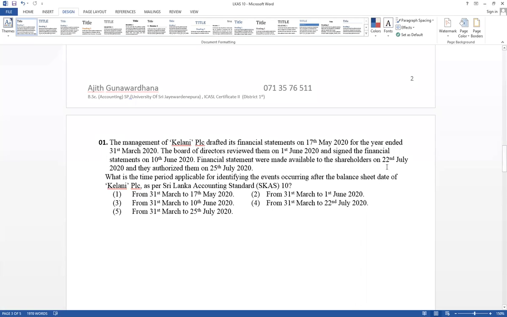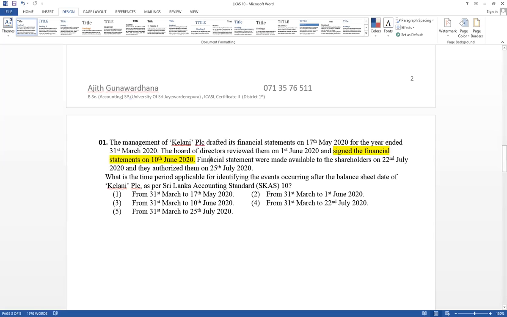Therefore, this is the prepared drafted financial statement, and this is our accounting period. And the board of directors reviewed them on 1st July 2020. Reviewed, look again. And very important: the financial statement was signed on 10th June 2020.